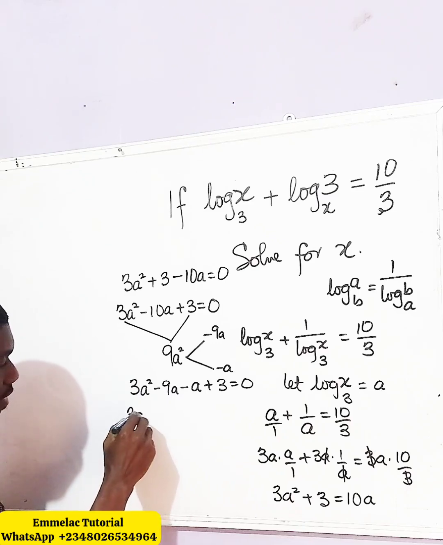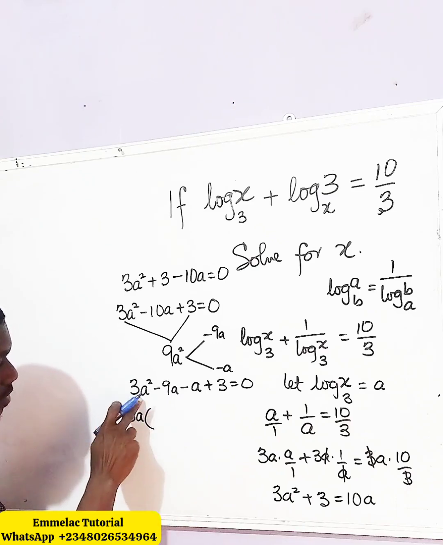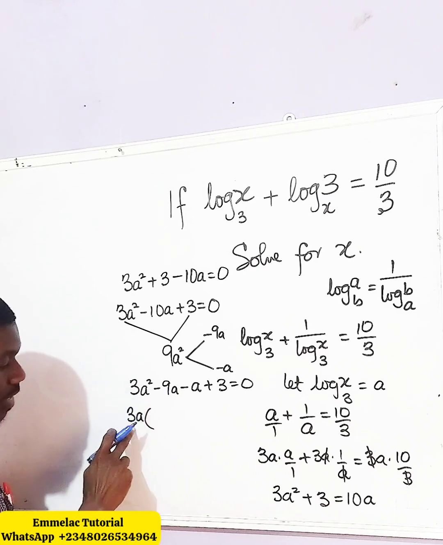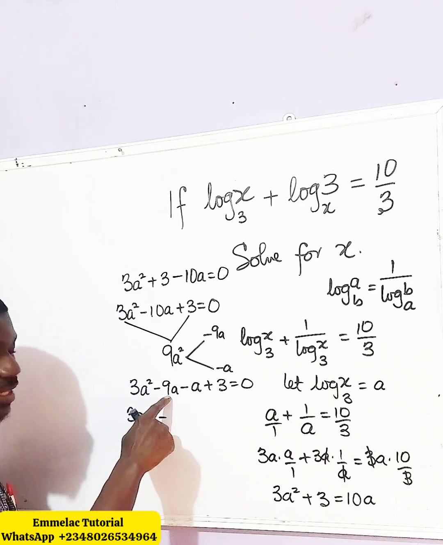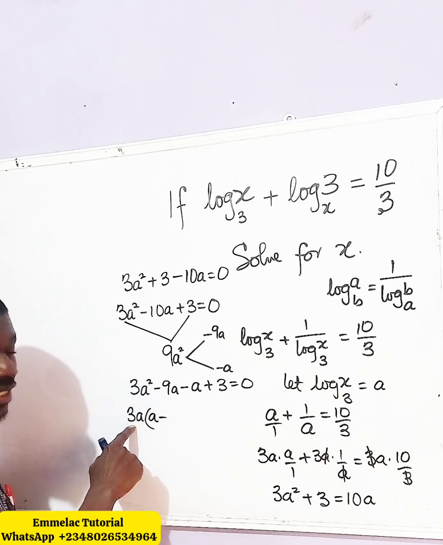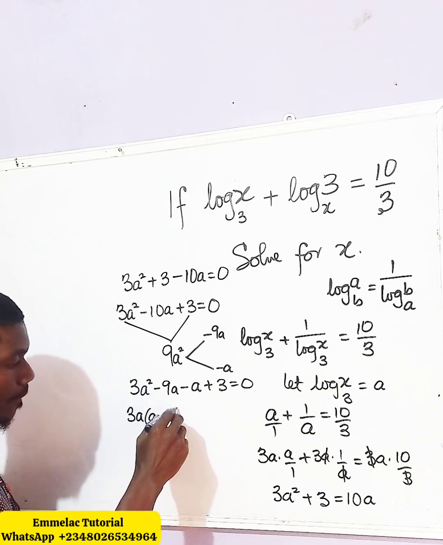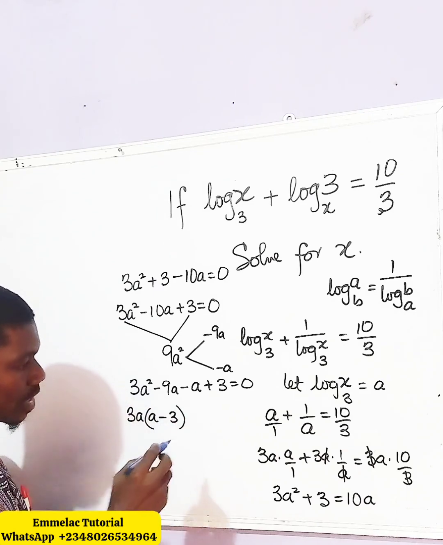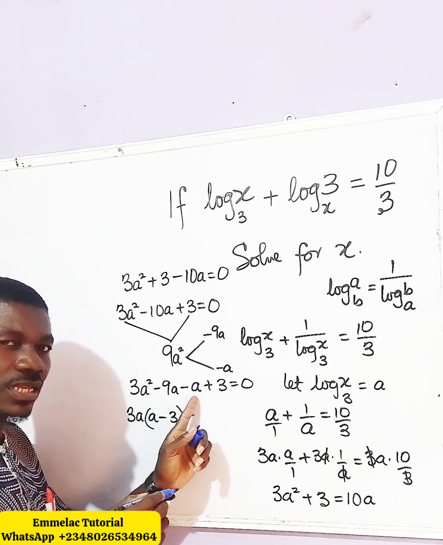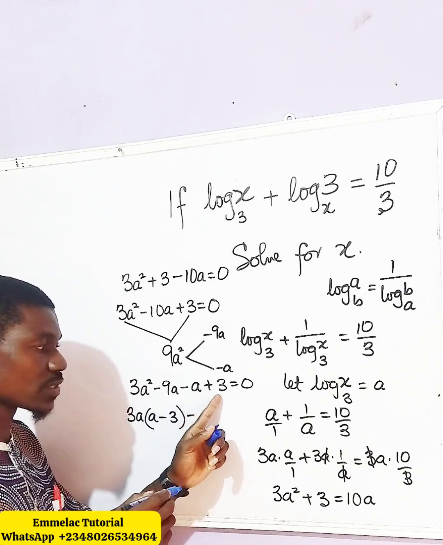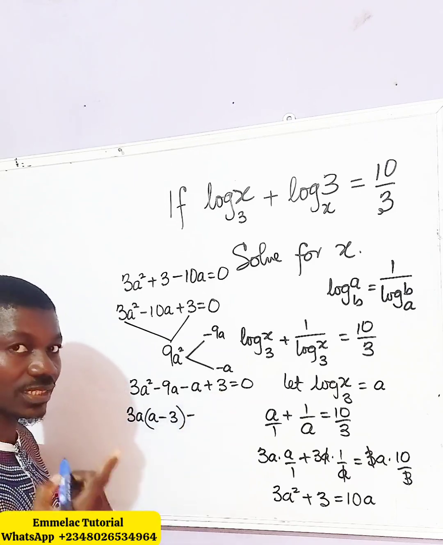We have 3a, then 3a squared divided by 3a leaves a, then minus 9a divided by 3a leaves 3. Now the factor common between a and 3 is 1.